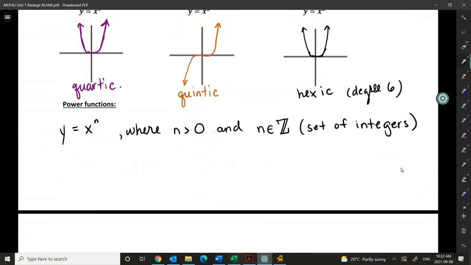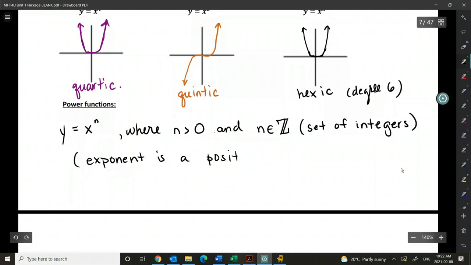So in other words, what we're saying is for something to be a power function, it is y equals a single x to some exponent, and that exponent must be positive and whole. That's what we're saying in math language here.